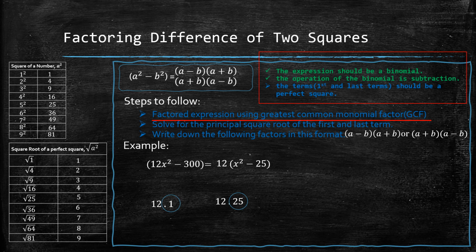So this time, go back to your test. Is it a binomial? Check. The operation should be a subtraction. Check. Are the first and last terms perfect squares? Look. Is x squared a perfect square? Right. How about 25? Perfect square.